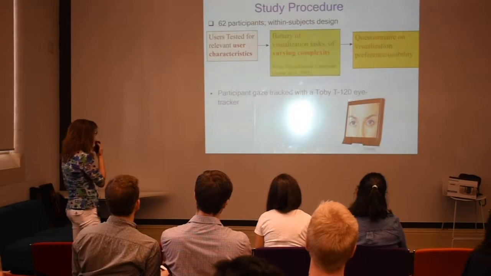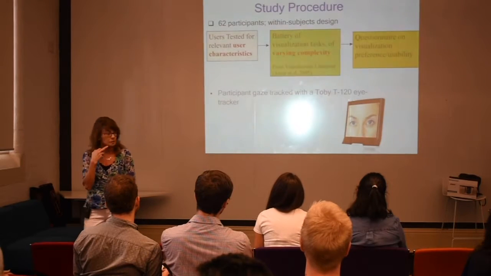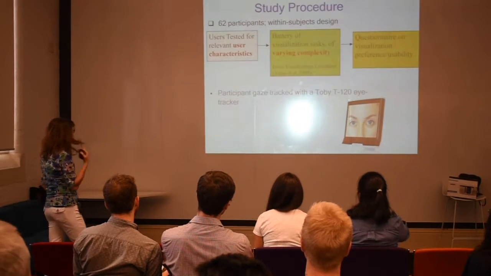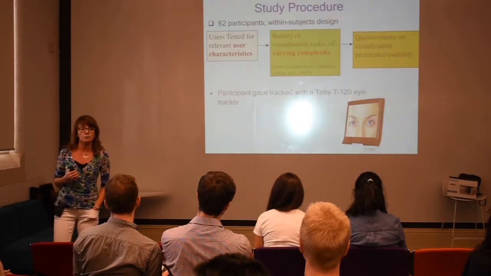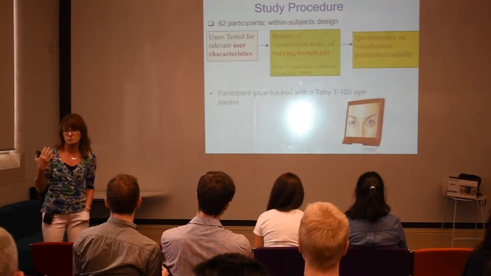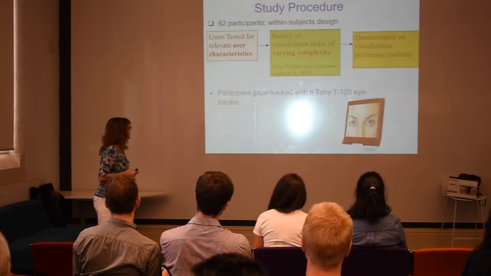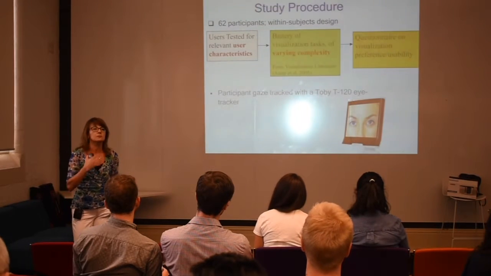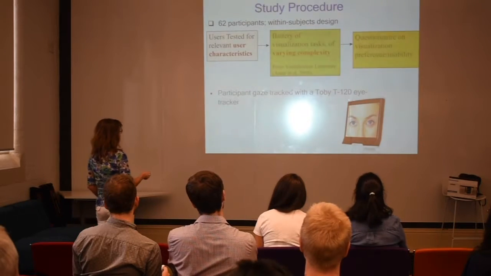So we ran a study with 62 participants. It's a within-subject design. They were tested for a variety of user characteristics that we thought could impact how they process bar charts. Then we gave them a battery of visualization tasks to be done with bar chart visualizations of varying complexity.